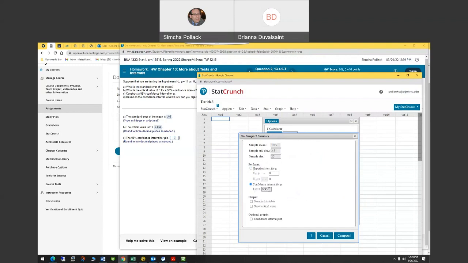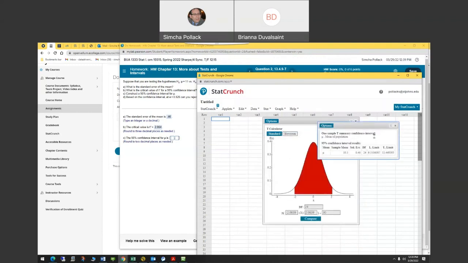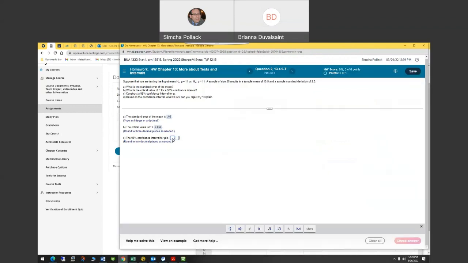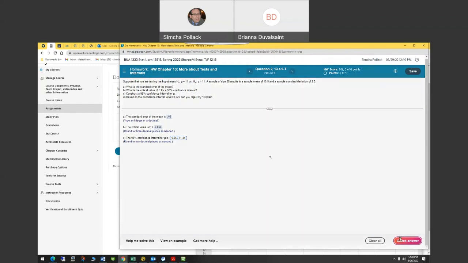Percent confidence, compute. And the answer is 9.55 to 11.44. StatCrunch really does everything. That's really easy.